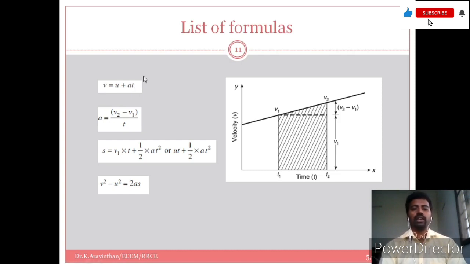So in any problem, if the speed is given and velocity is asked, you can use this formula. Also, if you have velocities v1 and v2 at two particular points of time, you can find the average acceleration by using (v2 minus v1) divided by t.